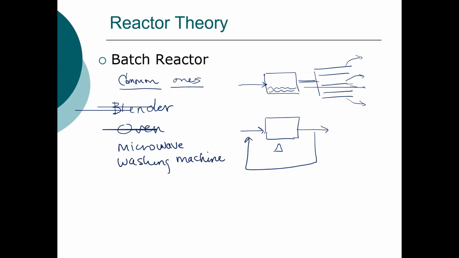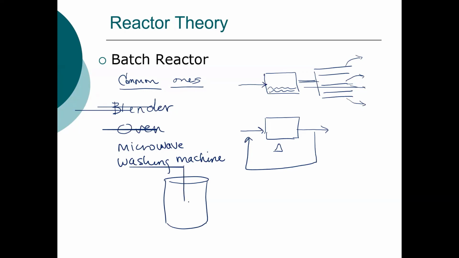So basically, think about a batch reactor as we have some sort of a system. You add whatever chemicals, and we can think about the blender making a smoothie. Okay, we add the ice cream, we add the strawberries, we add some ice.